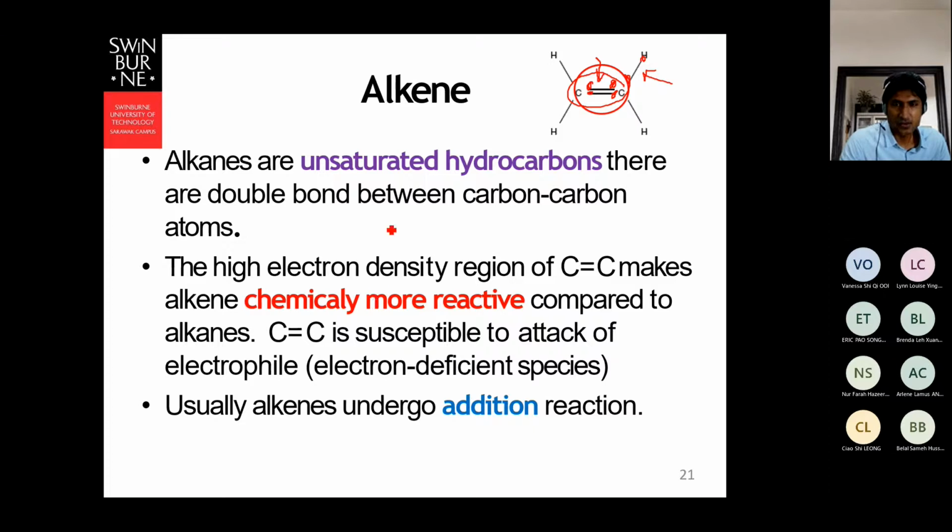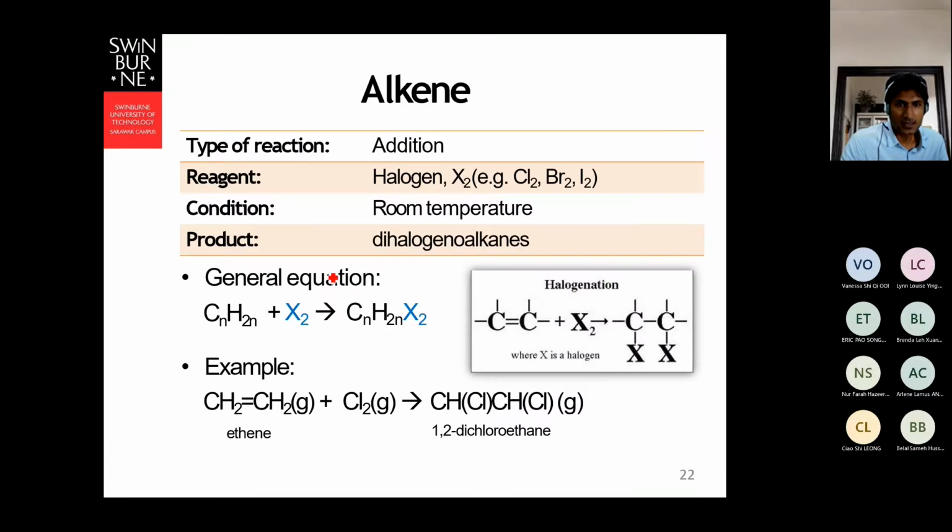Those that need electrons, the electrophiles, are halogens. For example, chlorine is one of them. If we just keep chlorine and alkene together, it will do the reaction automatically, at room temperature.